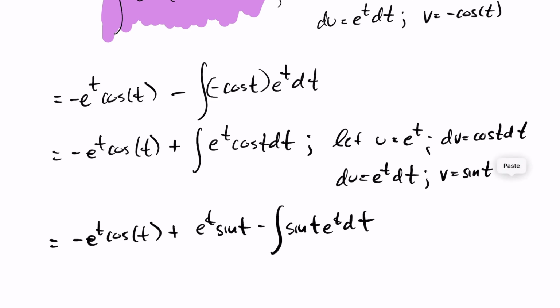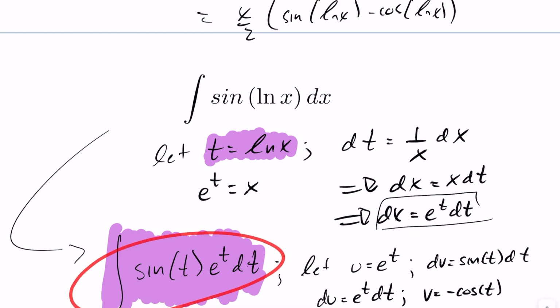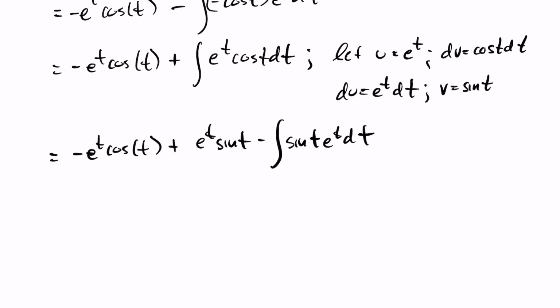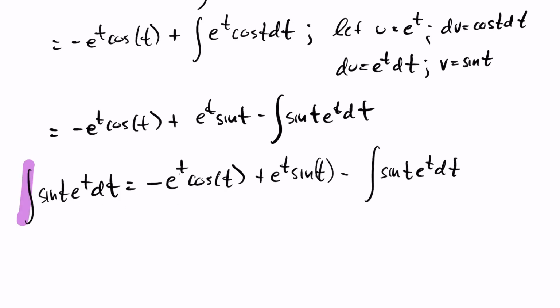Now you'll notice here that this expression right here is exactly what we were starting off with. So we actually have equality here. So this is the integral of sine t e to the t dt. And by doing this, you end up having the integral on both sides. I have the integral of sine t e to the t dt, and you have the minus right here.